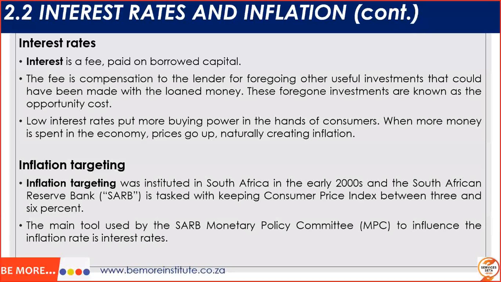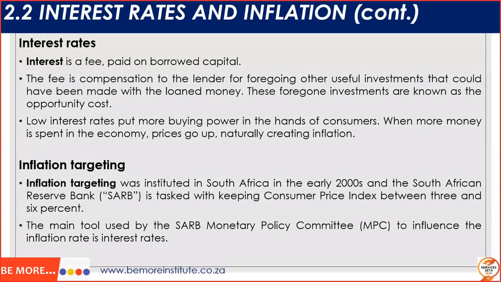So when interest rates go down, for example, if you have a bond, the money that you pay on repaying the bond is reduced. Therefore, with the amount that is reduced, you can buy other things which you were not able to do earlier because of the high interest rates.